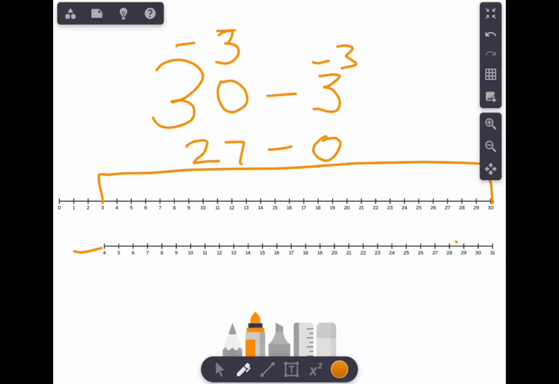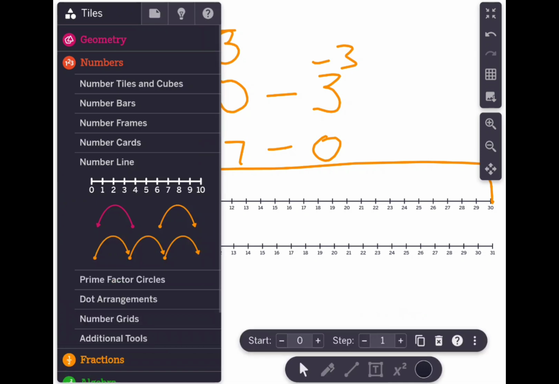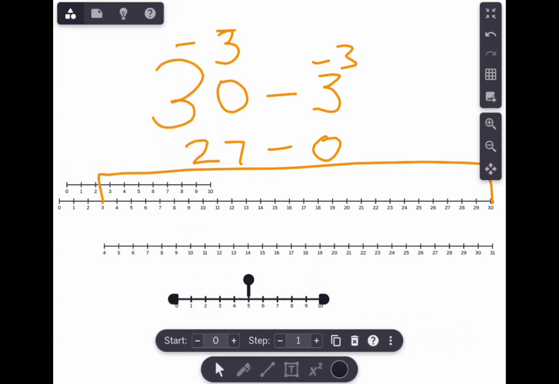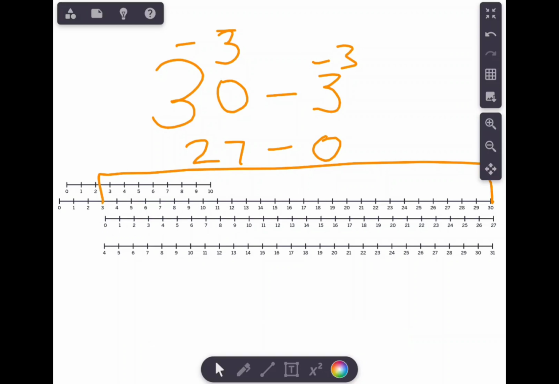Now let's try something different. What if I subtract? If I remove 3 from, let me use another number line to show how these are going to be an equal distance between these two numbers.